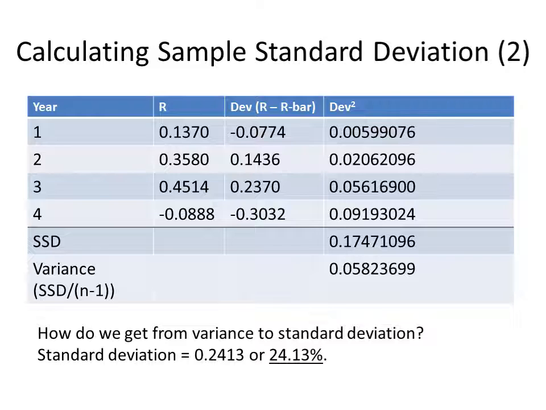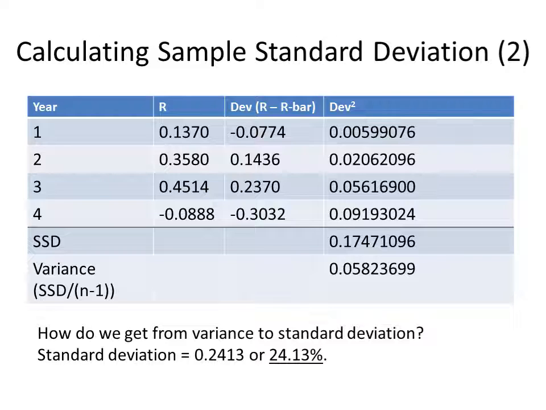Now, usually we would have that as an R with a bar over the top of it, but I couldn't figure out how to get the computer to do that. So I'm going to use the alternate R bar designation for the mean. And so if I take 0.137 and subtract 0.2144, recall that was our mean, I get 0.0774. And I do the same for the remaining data points there for the 3 years.